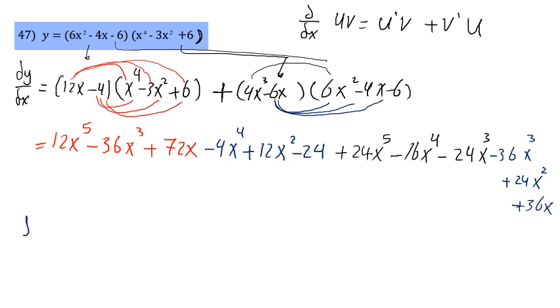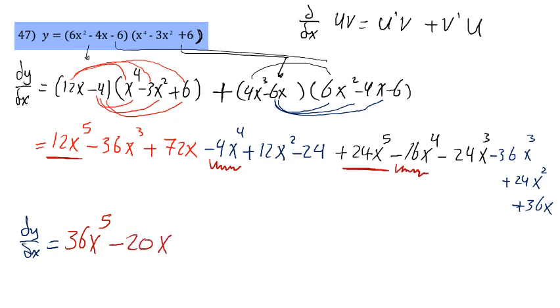Let's add the like terms. So dy by dx is equal to 12x to the power 5 and 24x to the power 5 is 36x to the power 5. Negative 4x to the power 4 and negative 16 is negative 20x to the power 4.